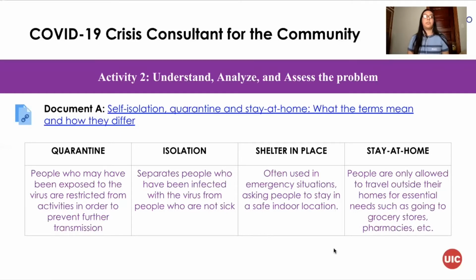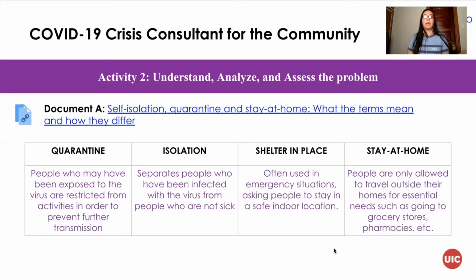The article described it as when people who have had the virus or know that they're infected isolate themselves, so separate themselves from people who have not had the virus. This is seen in hospitals. Certain patients who have had the virus are kept in areas in the hospital to prevent other patients who are coming for other reasons from being infected with the virus.